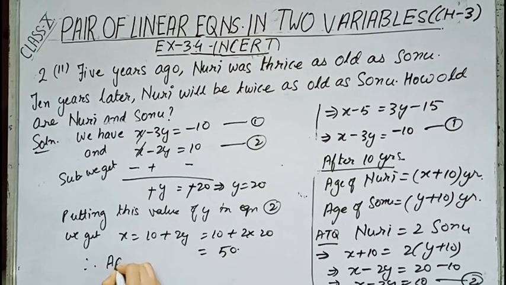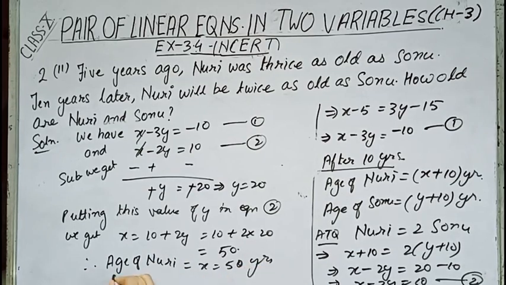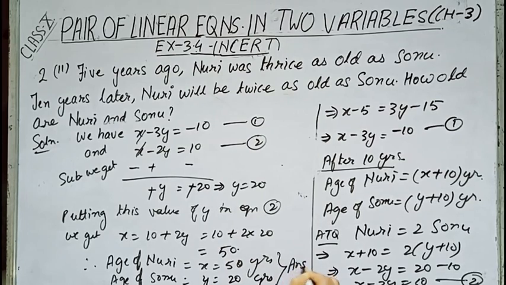Therefore, the age of Noori equals X equals to 50 years and the age of Sonu equals Y equals to 20 years, and this is the answer.